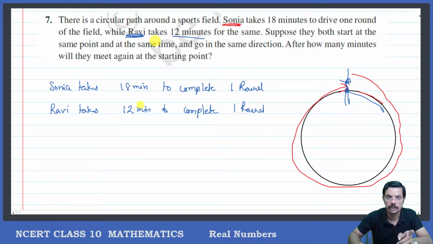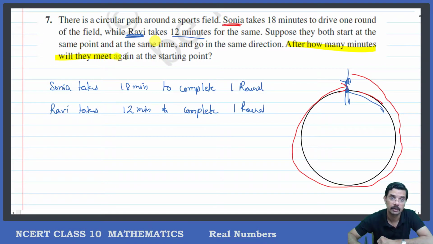So he takes less time. So Ravi will complete faster and move forward for another lap. At what time will they meet each other at the starting point? After how many minutes will they meet each other at the starting point? That is the question.